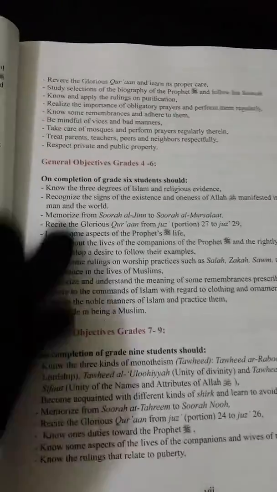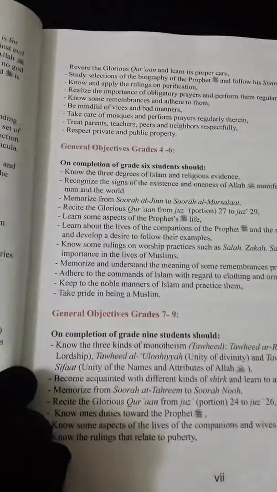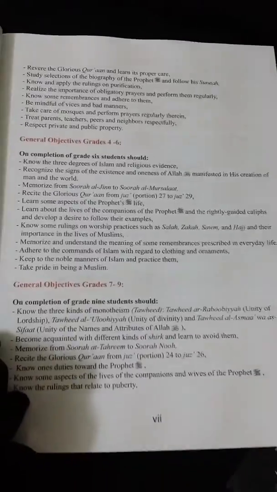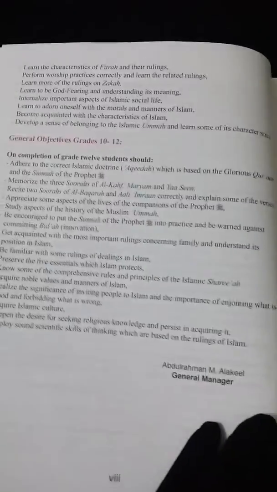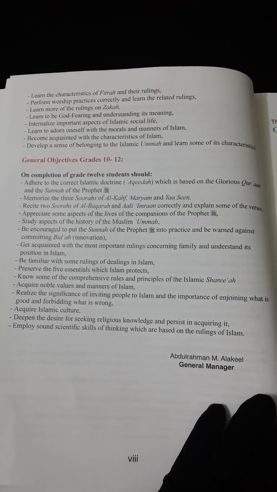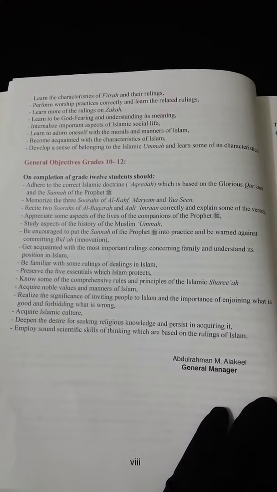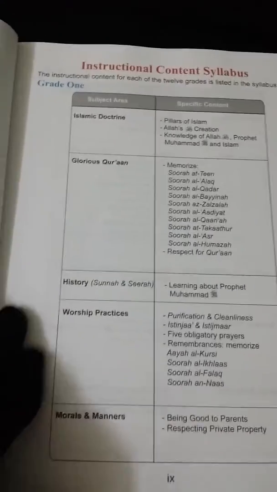And then the continuation of that is here, and then between 4 and 6, and then 7 and 9. Again, you are welcome to pause at this moment to take a look at each one. And then between 10 to 12, this is what they will be studying, inshallah, if you take it all the way up. And then you have it again here, but for each grade.